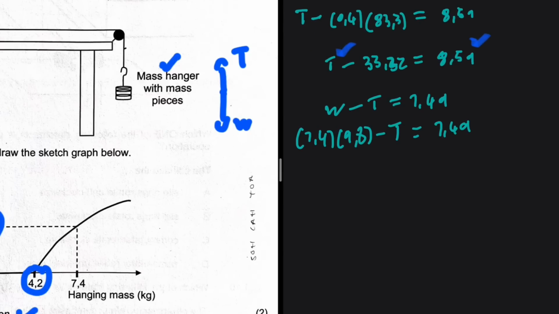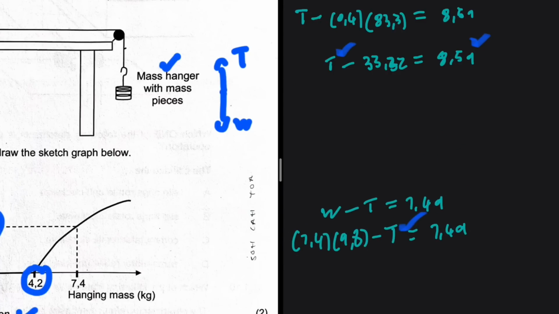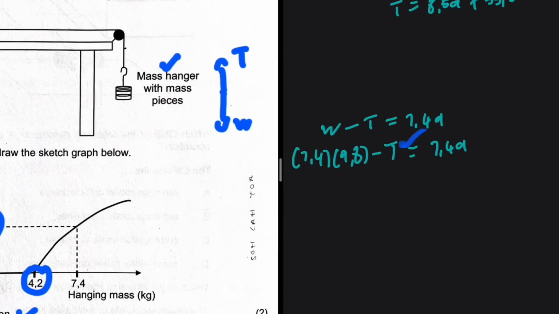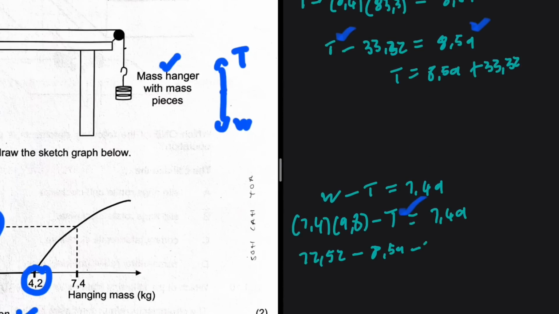Obviously, in place of tension, we can substitute. We can make the tension the subject of the formula in this equation. So it is going to give us 8.5 acceleration plus 33.32. So instead of having tension there, we can say 7.4 multiplied by 9.8, which is 72.52, minus 8.5a minus 33.32 is equal to 7.4a.